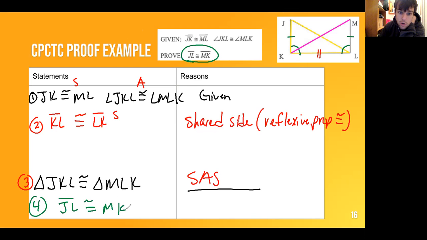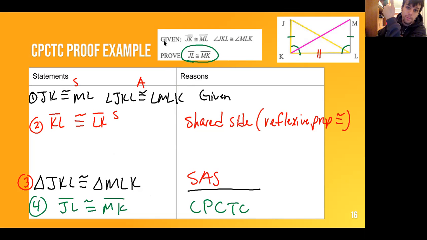And we have shown that these two triangles are congruent to each other, so we can use CPCTC. I got an extra T on there. Got a little carried away. So, pretty short proof, and we just added one more step onto what we already knew how to do.